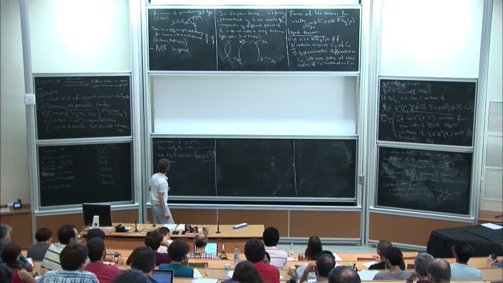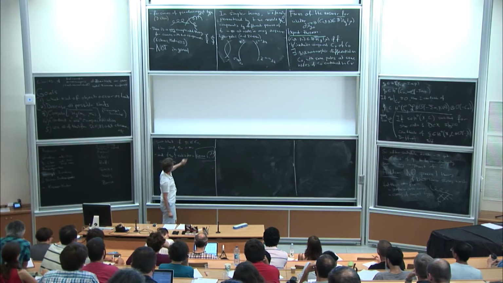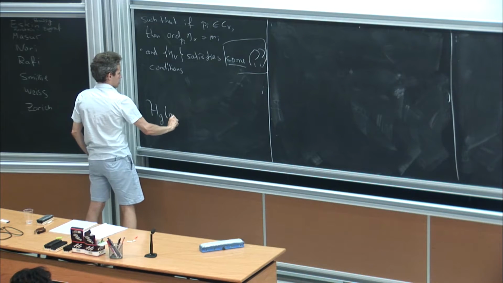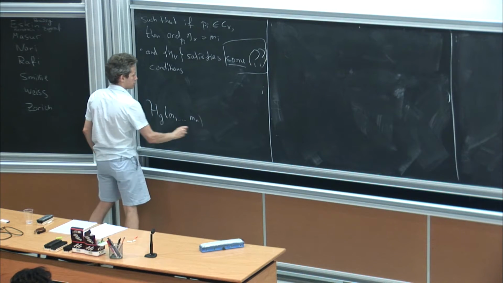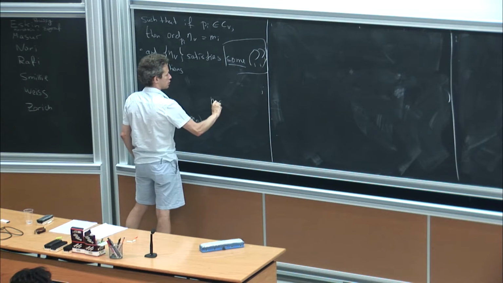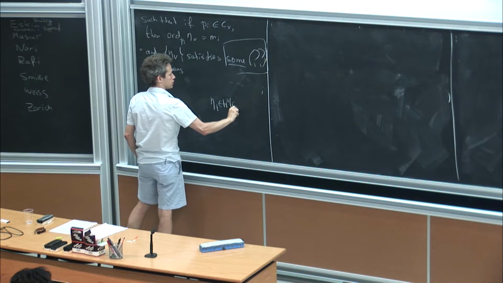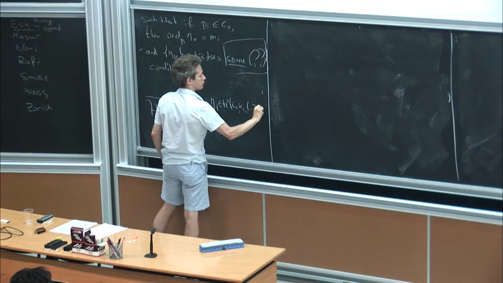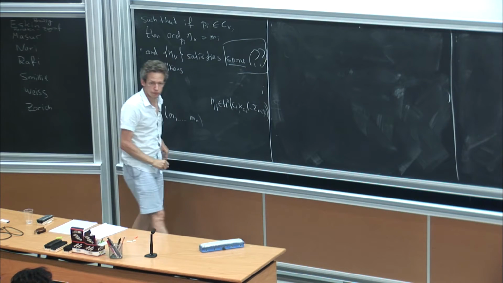What's Mi in this statement? Mi is a multiplicity. So we're talking about H_g(m1 through mn). So this means for me, eta V is a section on CV of the canonical bundle twisted by minus the sum of Mi Pi. Okay?